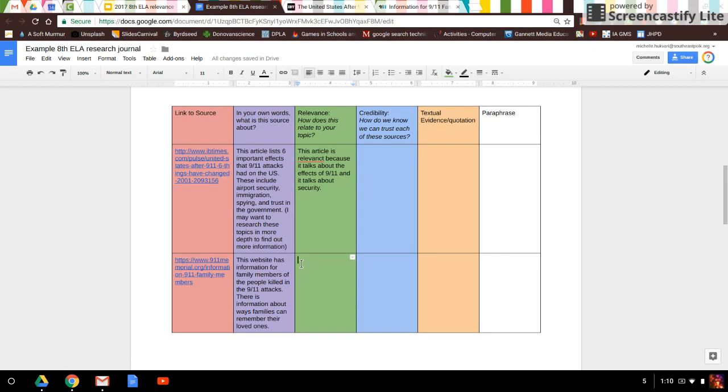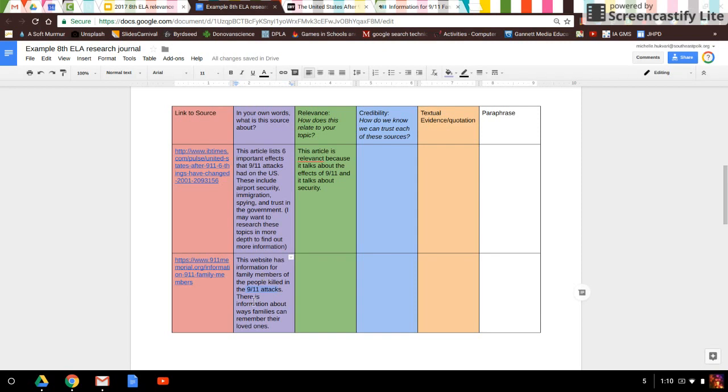But now I need to think about if this helps answer my question. So again, I'm thinking how my question is about the effects of the 9/11 attacks and any changes that have been made to security processes in the United States since then. And what I realize is, even though this website talks about the 9/11 attacks, it's talking about information for family members of victims.